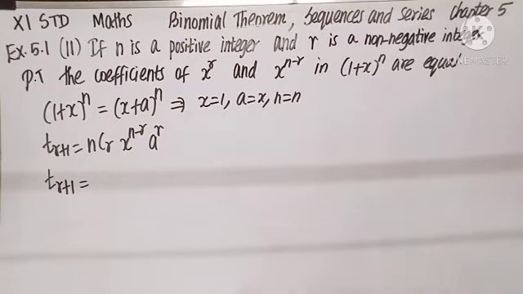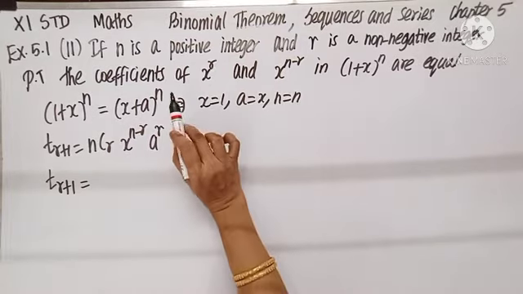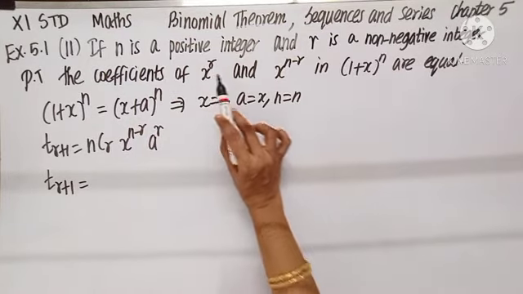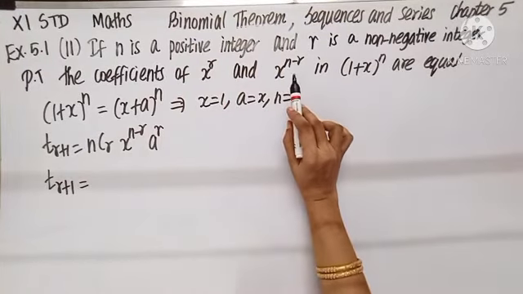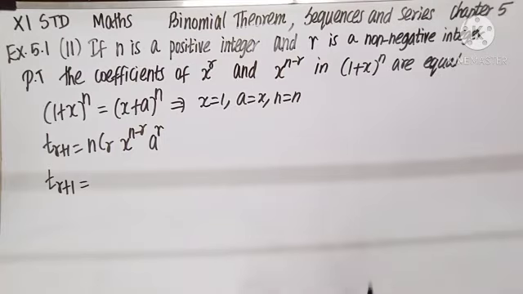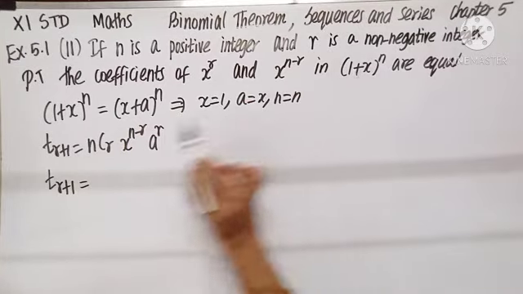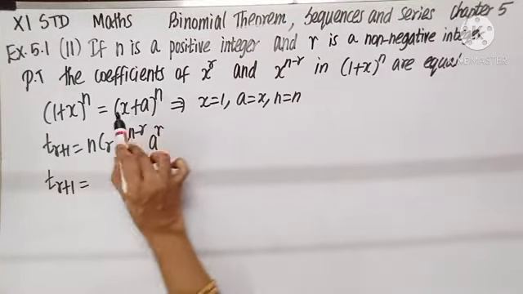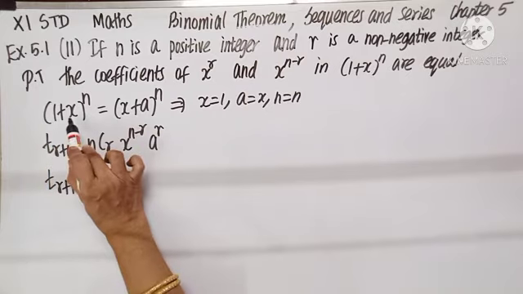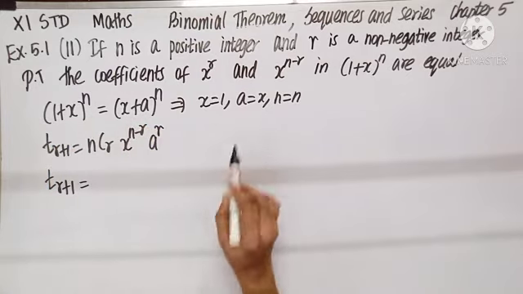Question number 11. If n is a positive integer and r is a non-negative integer, prove that the coefficients of x power r and x power n minus r in (1 plus x) the whole power n are equal. (1 plus x) the whole power n is given. Comparing with (x plus a) power n, x is the first term, a is the second term, n is the power.